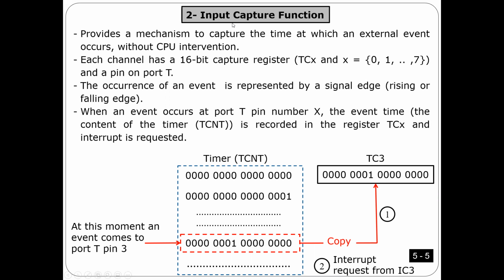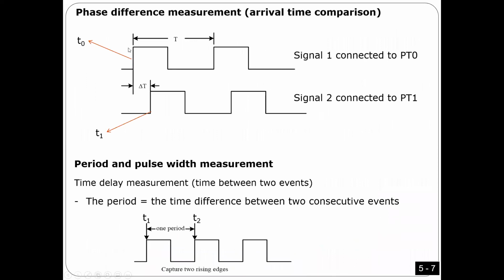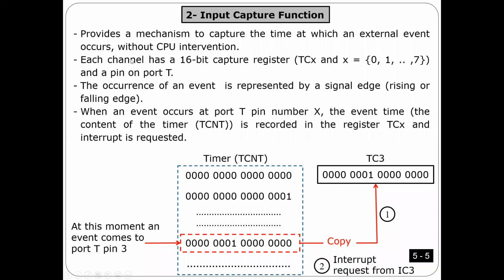How does input capture work? Very simple, because the channel has a pin. You can program it, for example, I want to capture rising. So once the rising edge comes, or falling, whatever, what's going to happen? The current value of the timer, which is stored in a register we call TCNT, is going to be stored in a register we call TC, right?